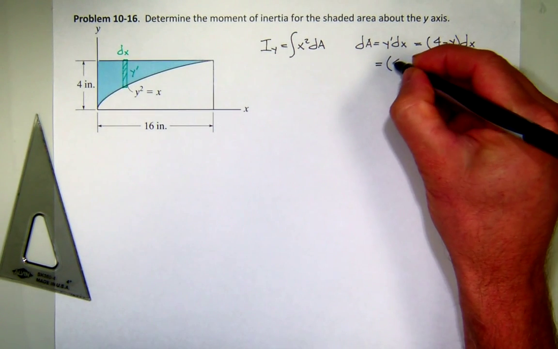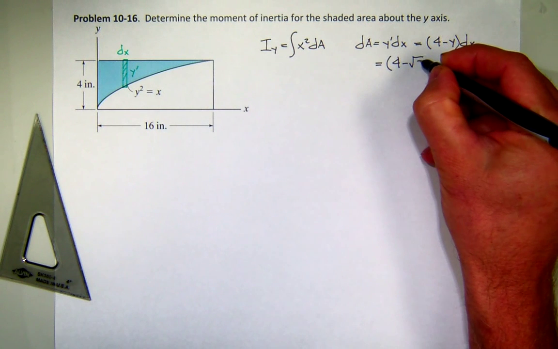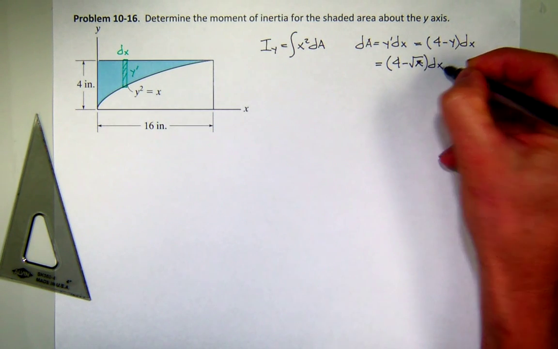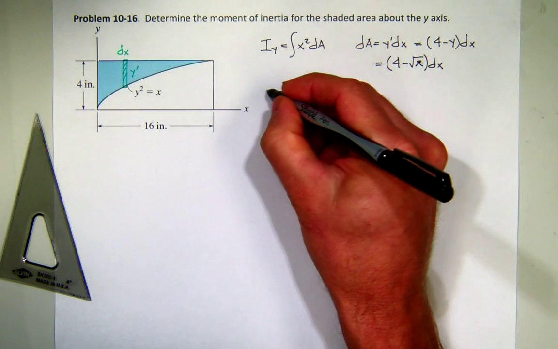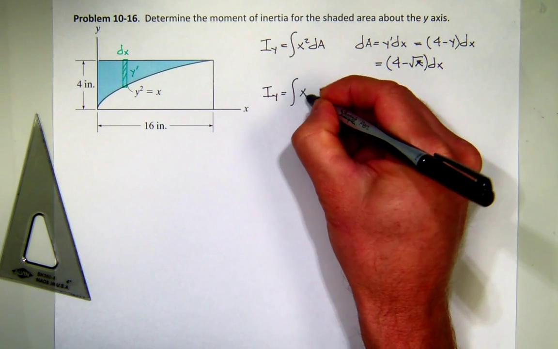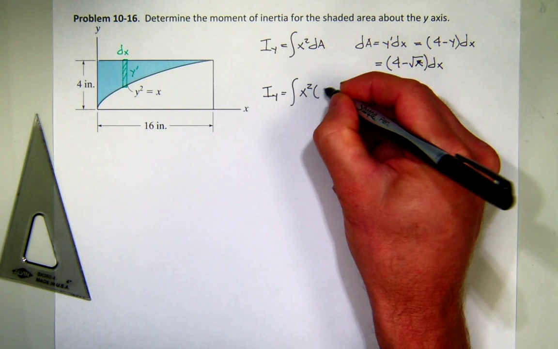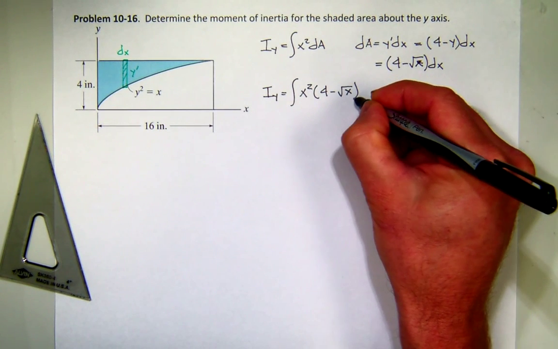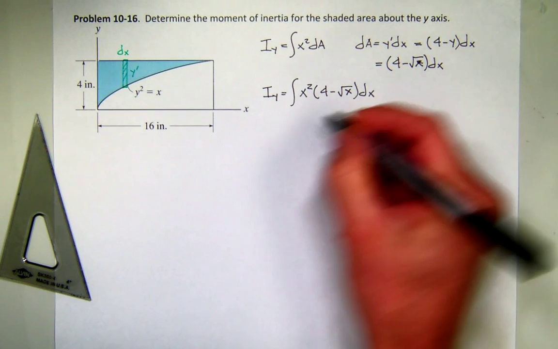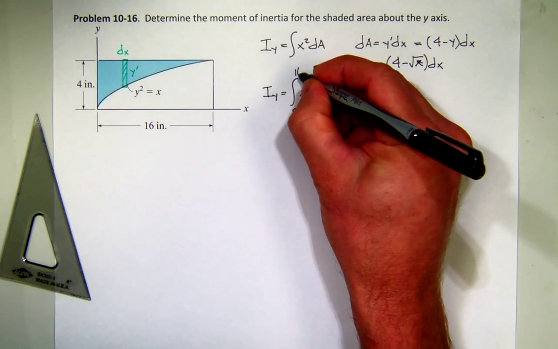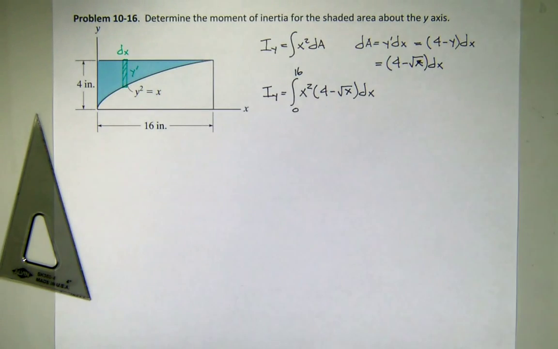So it'll be 4 minus the square root of x dx. So our integral will be the integral of x squared times 4 minus square root of x dx. And in x, it's going to go from 0 to 16. Doesn't look that bad to do.